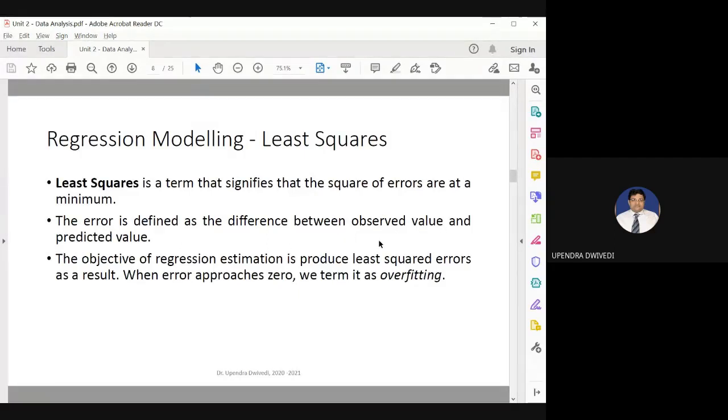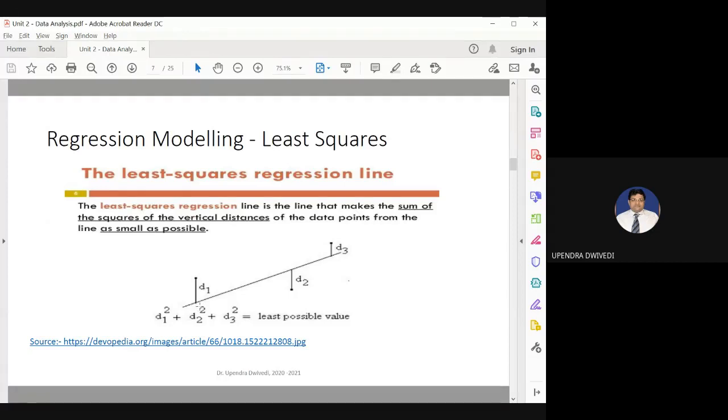Suppose you have collected data from various houses, and you find that if there is one member, then house expenses are this one. When the members increase to five, your house expenses decrease. When the members increase again, your house expenses increase. So these are your actual data points, and this is your predicted data.